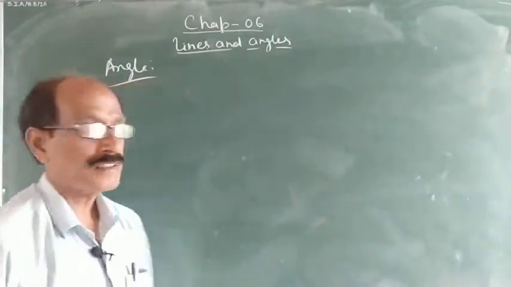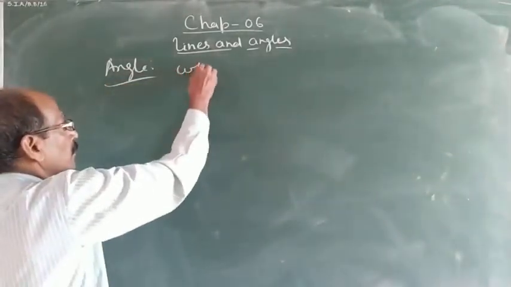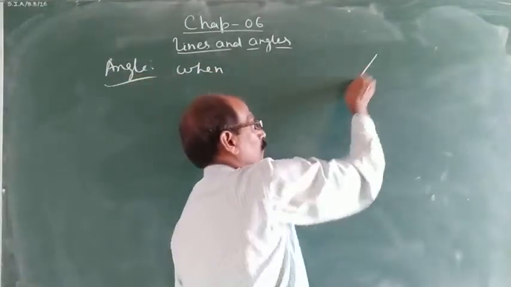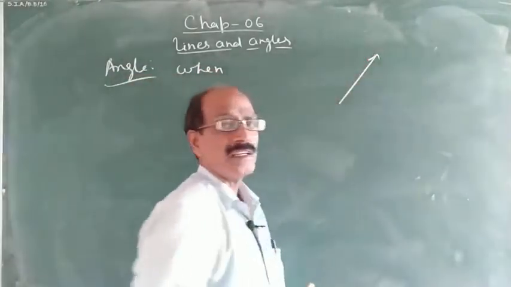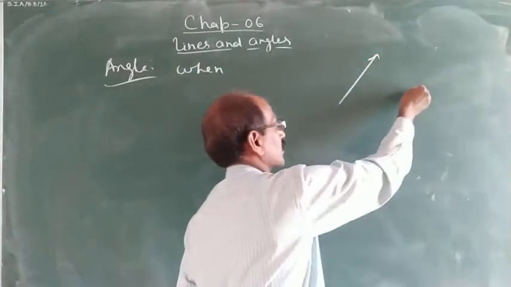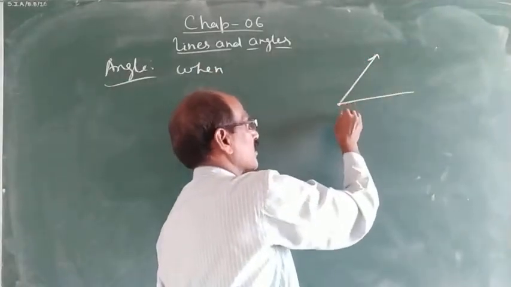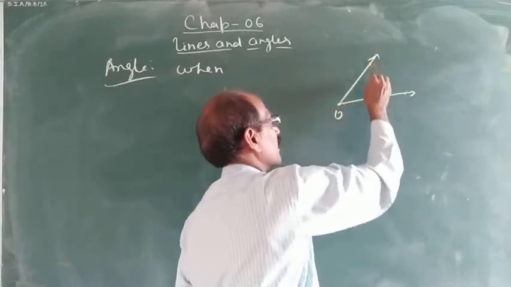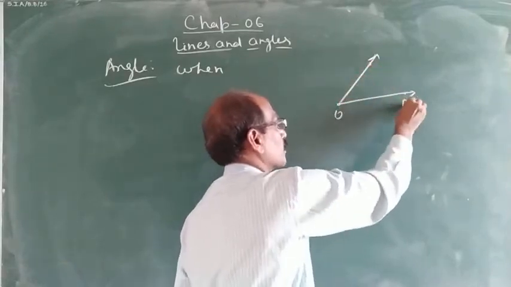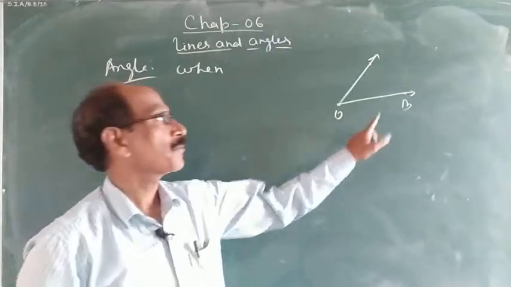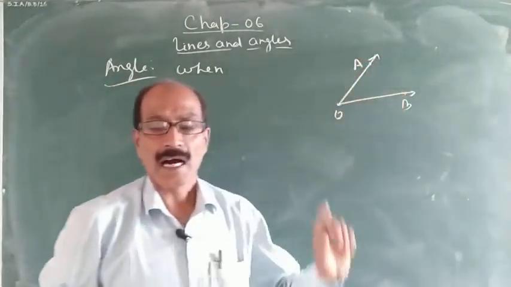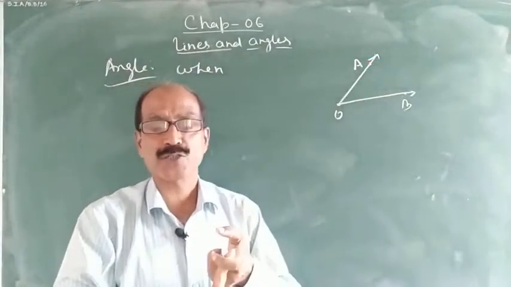When two rays, suppose this is one ray and another ray, meet at a common point. Suppose O is the common point. Here are ray OA and ray OB. The two rays OA and OB are joined but do not pass through each other.